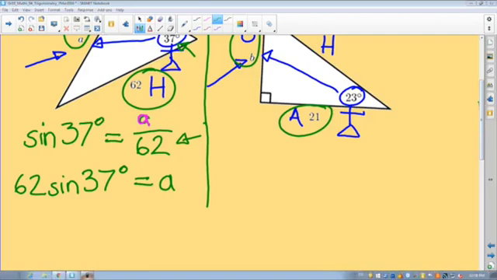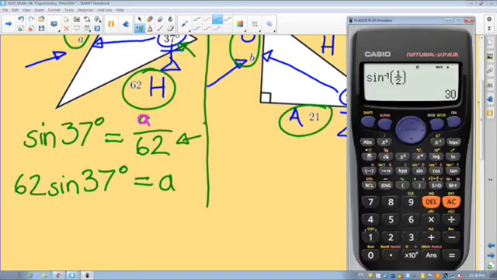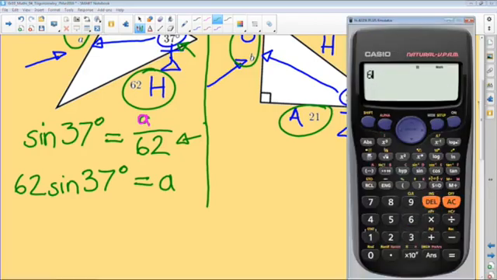So let's open up our calculator and we'll put in 62 times sine, and on this calculator you don't need to put the sine, and we put 37, sorry, calculator malfunction, 37, open brackets, press our equals, and our answer is 37,31.